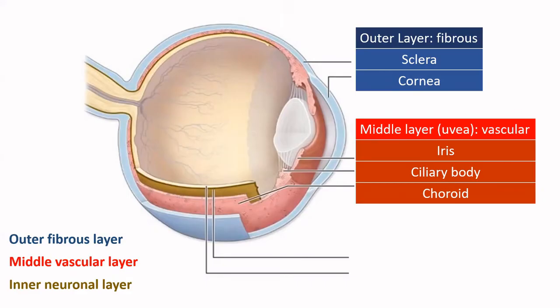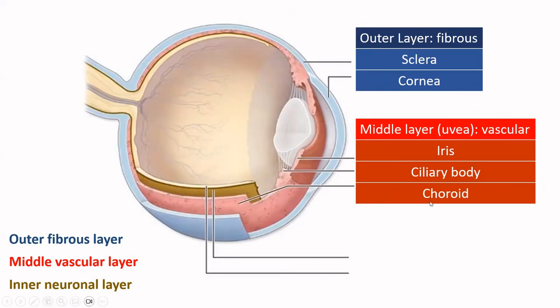Then we have the ciliary body located over here, and the ciliary body contains very small muscles which are connected through fibers called the fibers of Zinn, as you can see here, to the eye lens. And these muscles in the ciliary body are responsible for the accommodation of the eye lens.